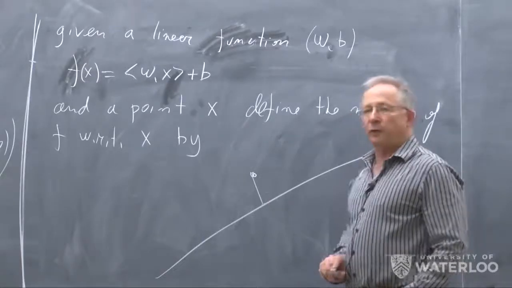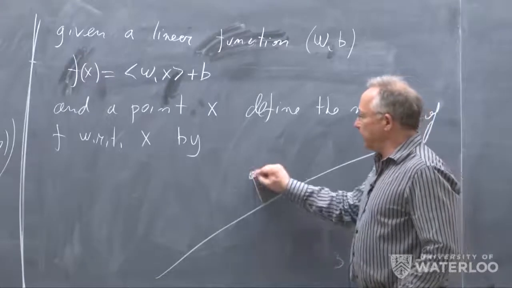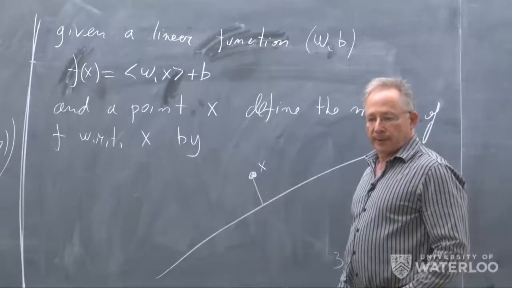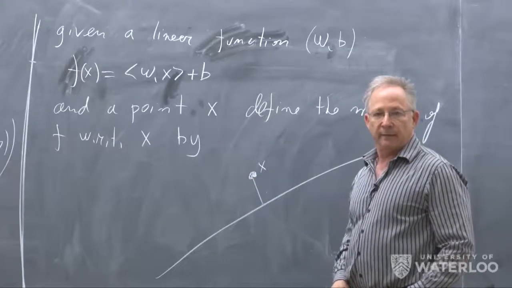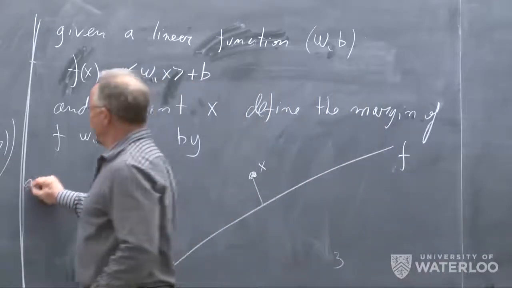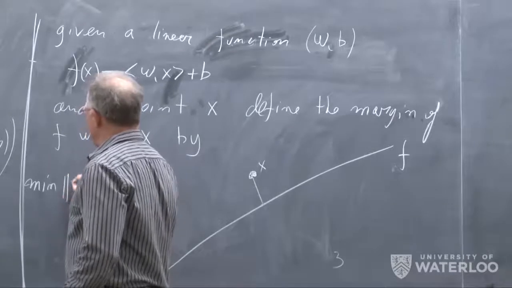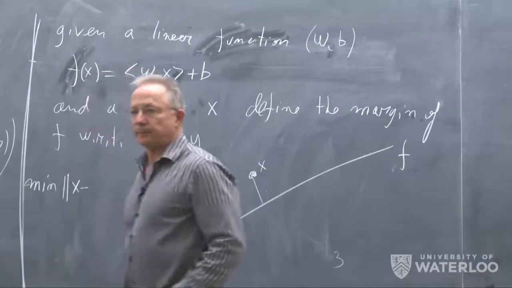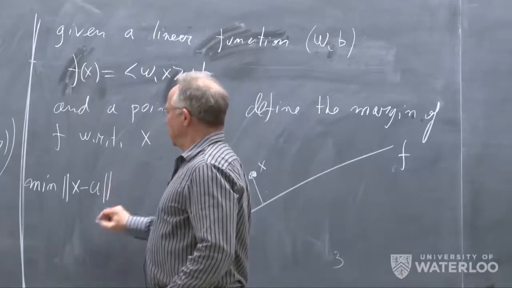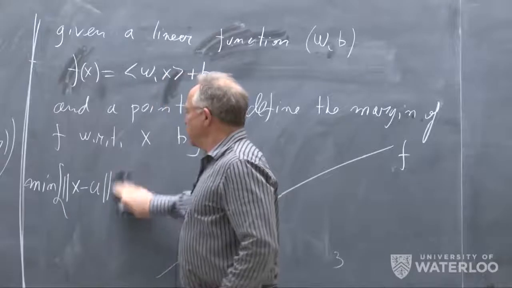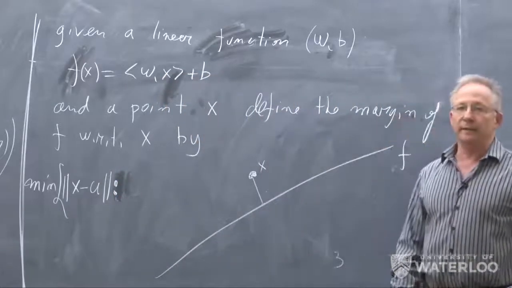How do I write it in a formula, this minimum distance? So it's a minimum distance between, this is my point x. It's a minimum distance between my point and any point that lies on the line. So it's the minimum of the distance x minus u such that, how do I say that u is a vector that lies on the line?